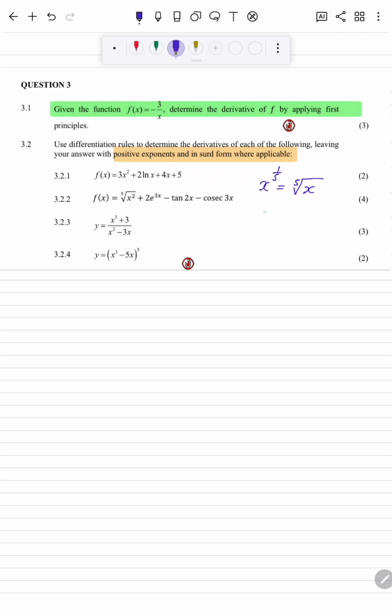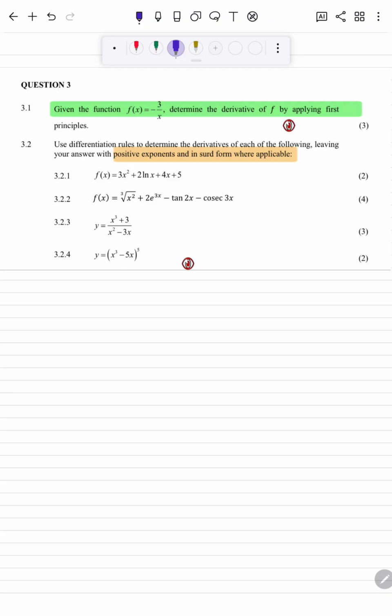If, for example, you had x to the power negative 1 over 2, remember, bring it down so that the exponent becomes positive, and then that is going to be the square root of x. So that's what it means. We already know how to make the exponent positive.